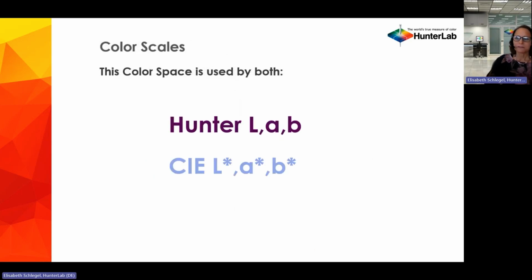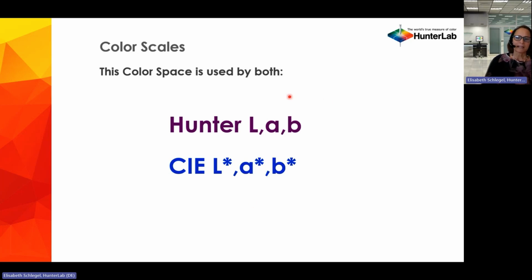So now I'm going into the color scales themselves. People are often confused when they're using color measuring instruments. You can select either LAB or L star, A star, B star.